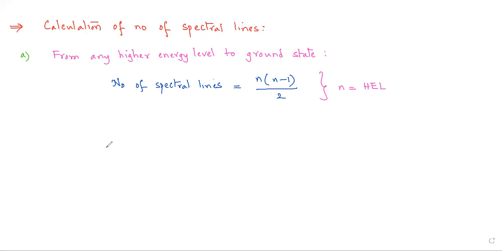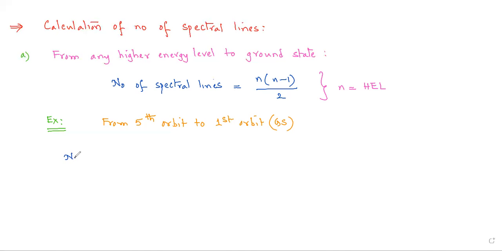Let me give you an example for this. For example, from 5th orbit to 1st orbit, I mean 5th orbit to ground state, nothing but 1st orbit. We don't have a 0th orbit. Now you can calculate the number of spectral lines.